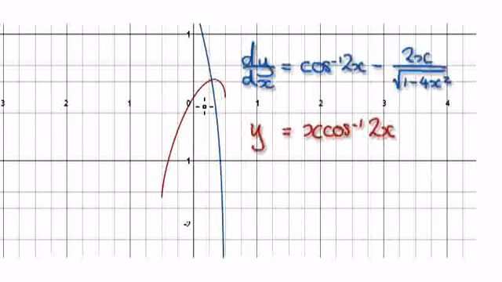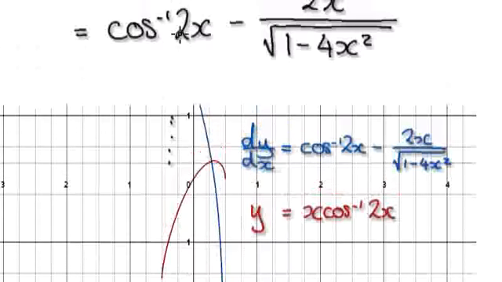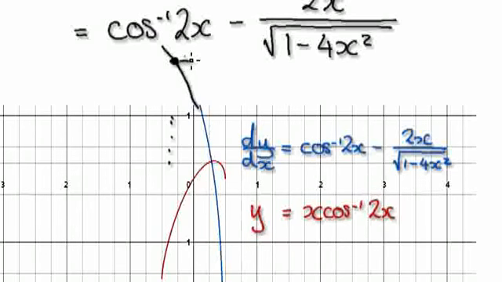Okay, so that makes sense. Now looking at the red line, around here, you can see that the gradient is really steep, and it's positively steep. So now looking at the blue line, we're going to have to imagine it going all the way up here. Looking at the blue line here, you can see that it has a really high positive gradient, so that makes sense.